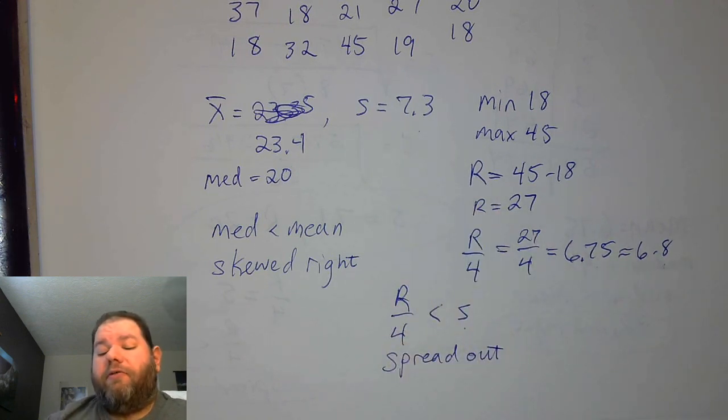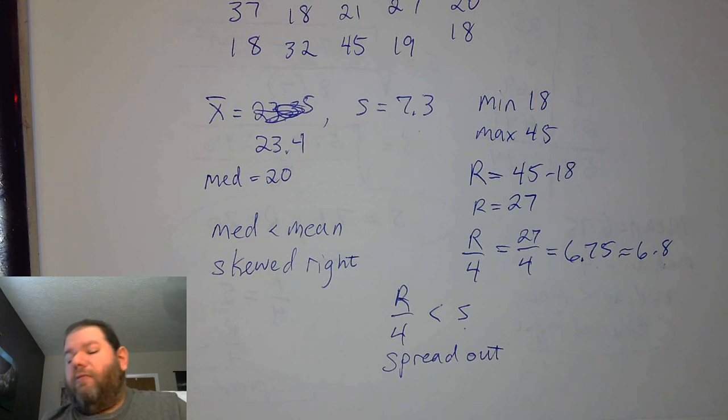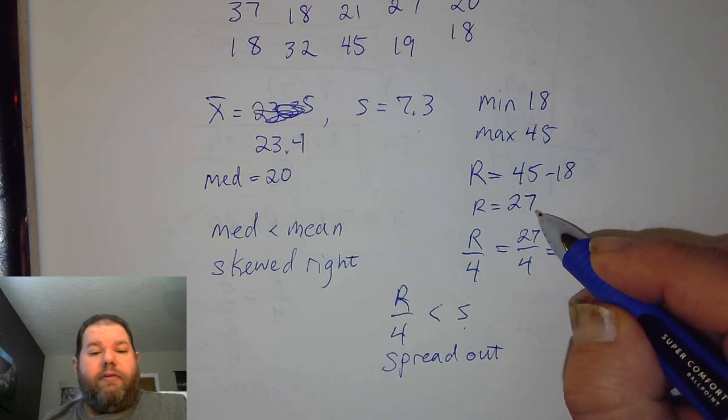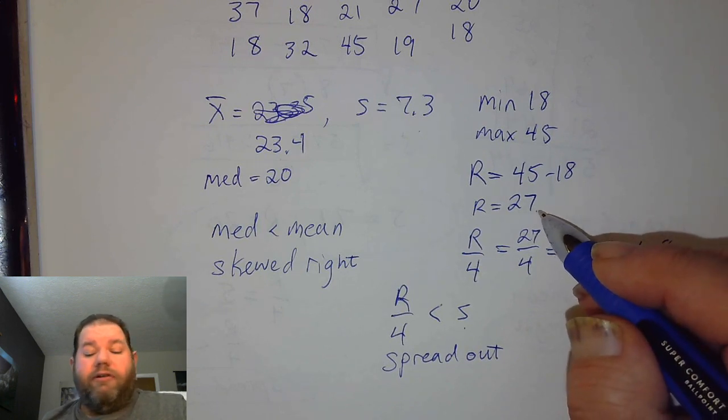But maybe if there were close to like 0.2 difference between them, something like that, then I would say it's not far enough apart to actually make the less than or greater than statement. If we want to be more specific, the rule I like to use personally is 1% of the range, which is 0.27.